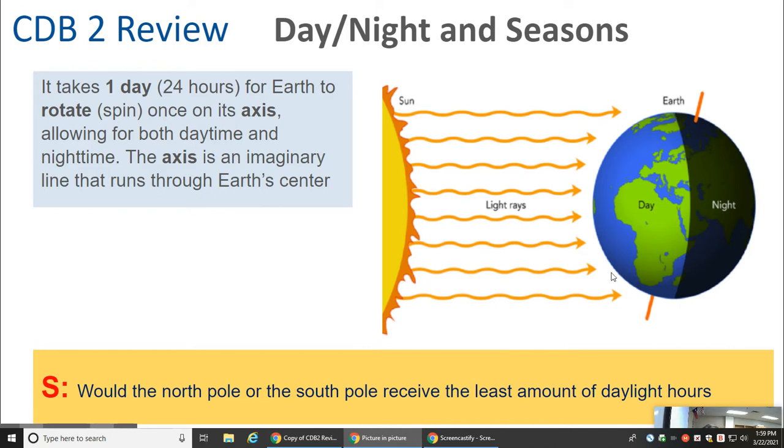The southern hemisphere or the South Pole would receive more daylight hours because the sun is more direct. They're in summer, they're having winter.